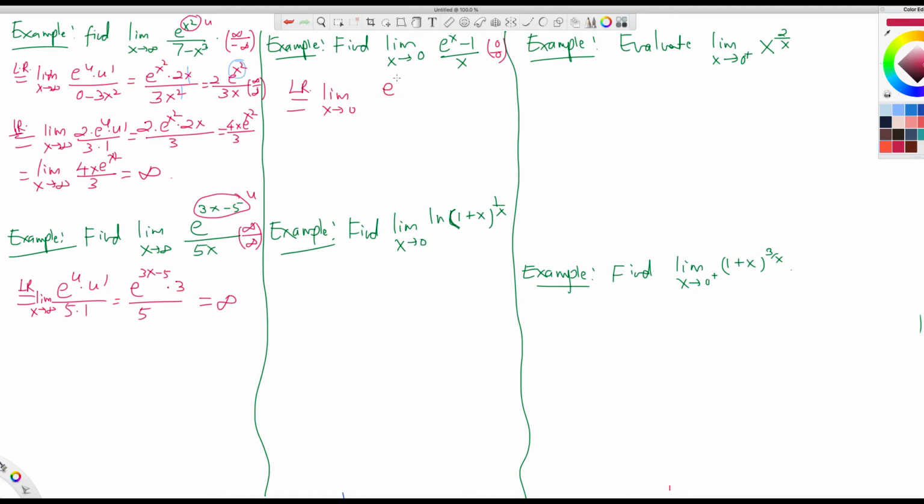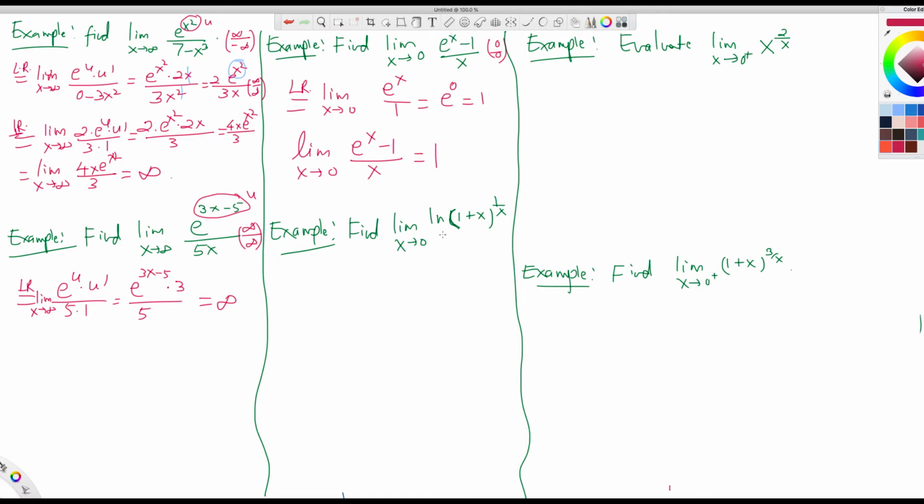That is e to the x minus 0, because the derivative of e to the x is e to the x and the derivative of 1 is 0, over 1. When you plug in the limit, you get e to the 0, which is 1. Yes, we used that formula: the limit as x tends to 0 of e to the x minus 1 over x equals 1.